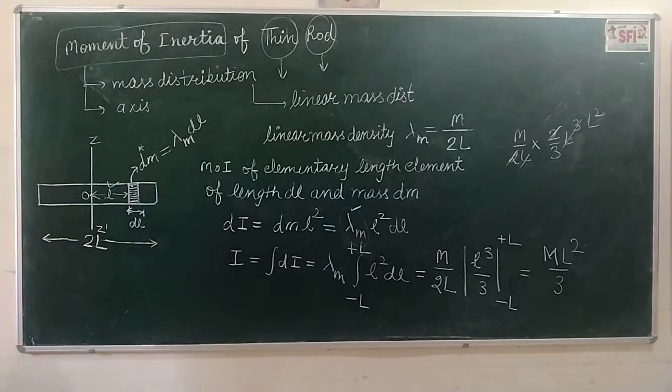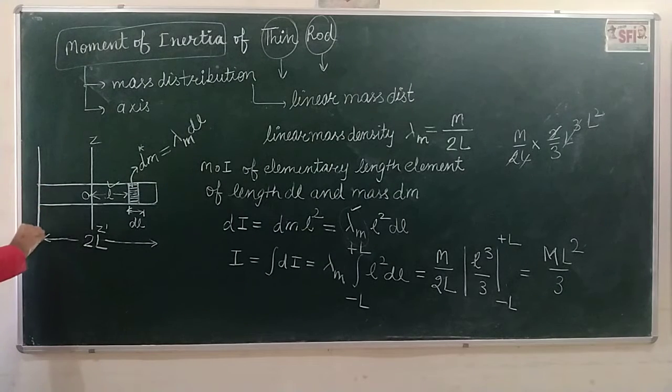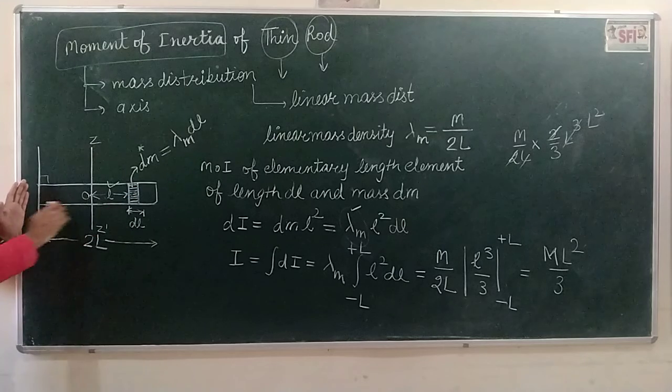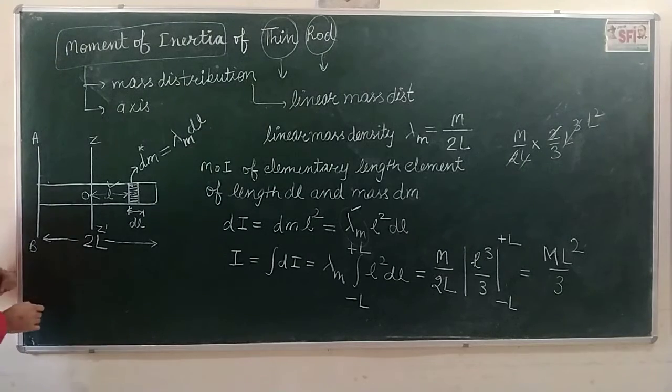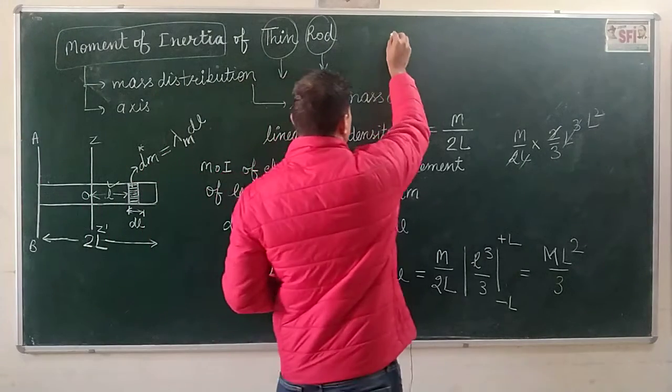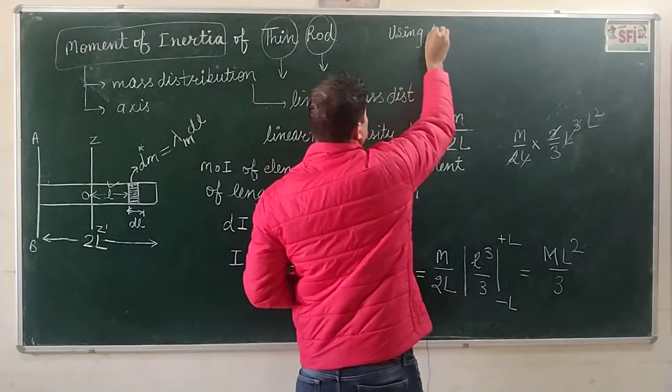So this will be the moment of inertia of the thin rod about an axis which is passing through the center of mass. Now suppose we have another axis which is passing through one end of the rod, and this axis is perpendicular to the length of the rod. Let this axis be AB. To find the moment of inertia, you will make use of the parallel axis theorem.